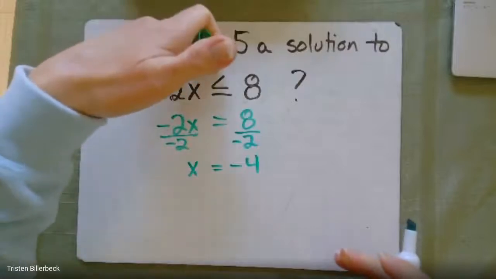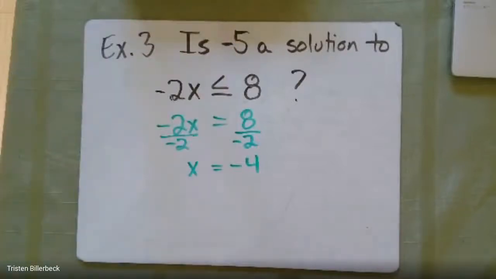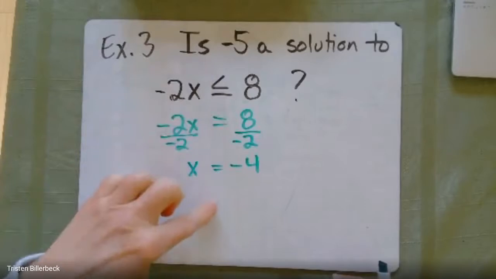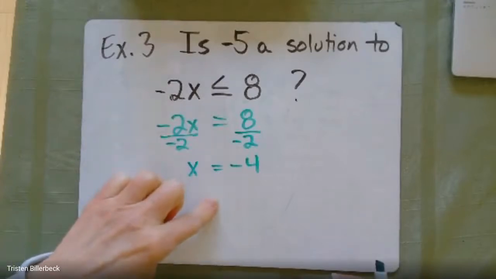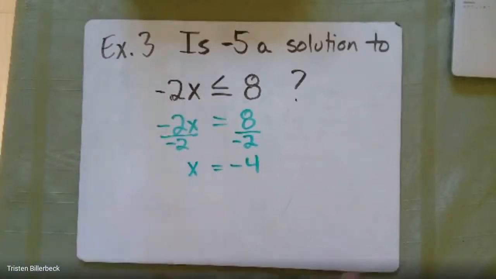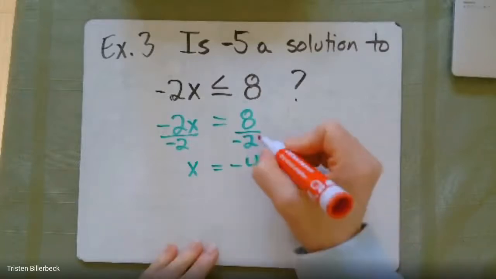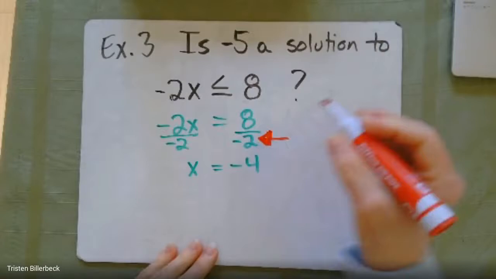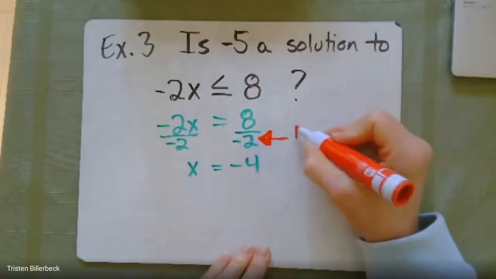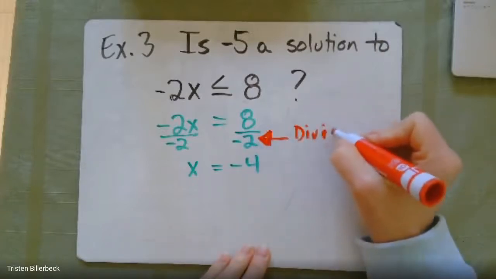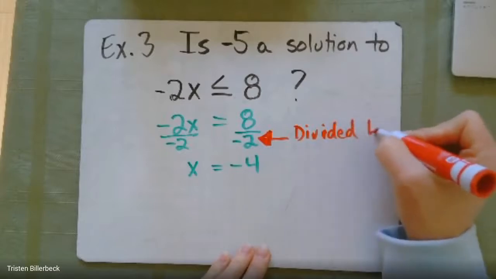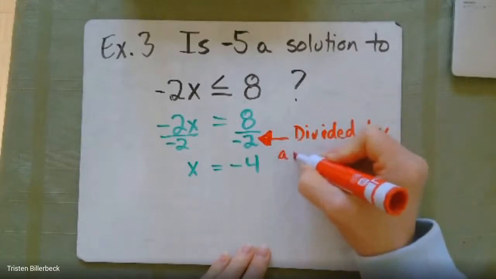Now, I taught you in the last 2 examples that you just bring that inequality sign down here. However, warning, warning, warning. We divided by a negative.